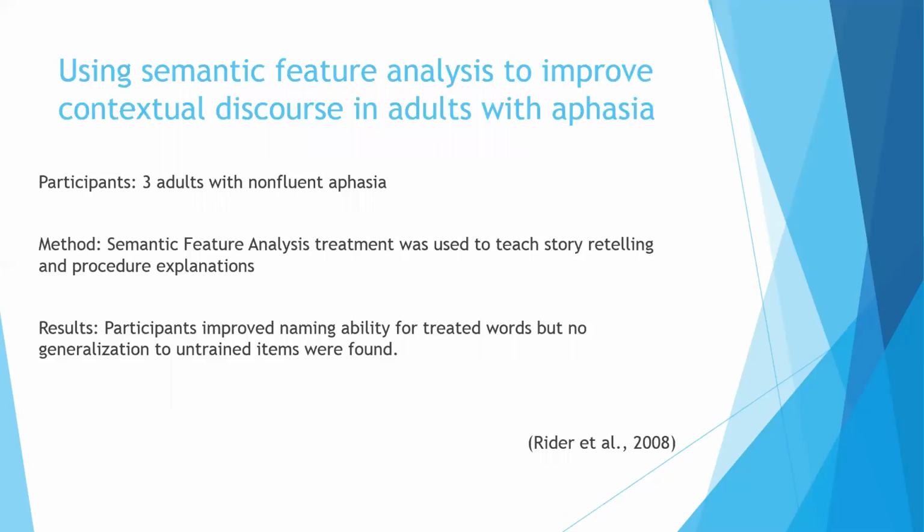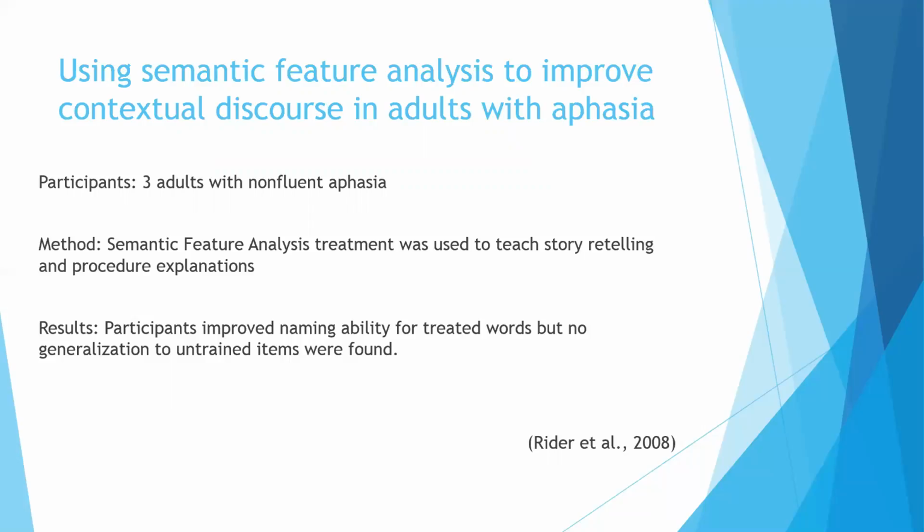Next, we have an article about using semantic feature analysis to improve contextual discourse in adults with aphasia. Here, they were taught story retell and procedure explanations using episodes of TV shows. So these are visual cues.